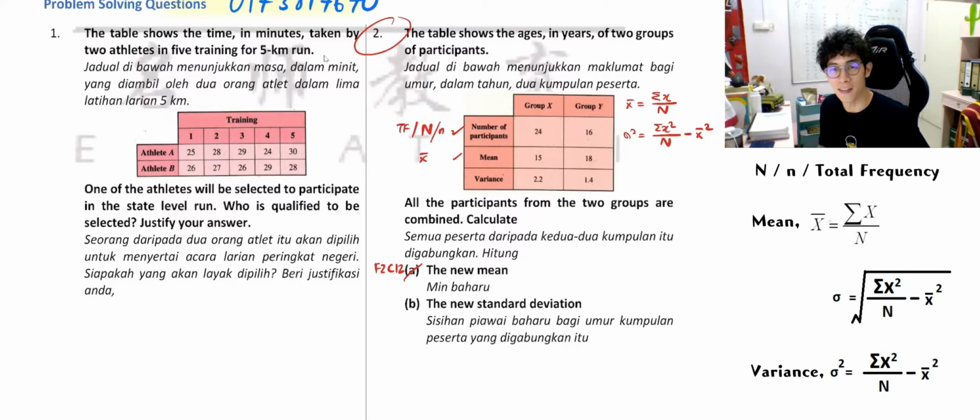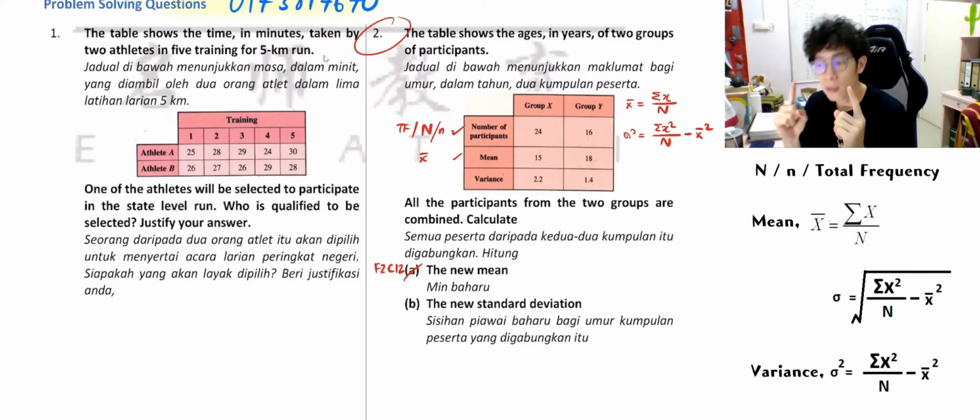Everyone, can you take 15 plus 18 divided by 2? Can you do that? Of course cannot, because a lot of you tried that already. Why cannot? Because that will be the mean for these two numbers.